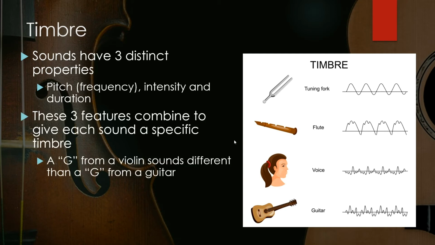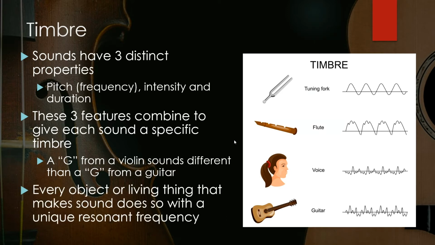Even though you have the letter G being played from two different instruments at the exact same pitch, we're able to distinguish the difference, because they have this wavelength profile that we're able to pick up on.